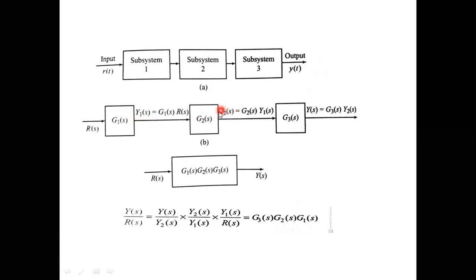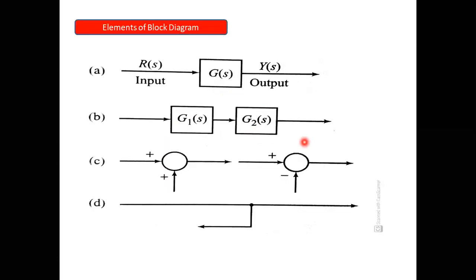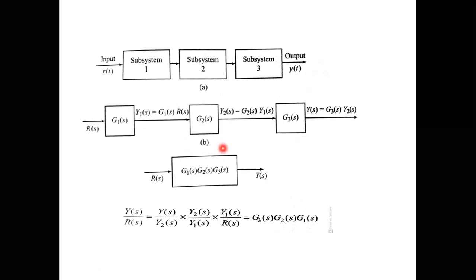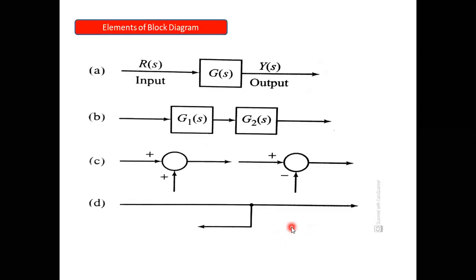Likewise, Y2(s) acts as an input for subsystem 3. In a reduced block diagram, all gains are multiplied when arranged in a cascade in the direction of flow. So the transfer function Y(s) by R(s) is G3 multiplied by G2 multiplied by G1(s).